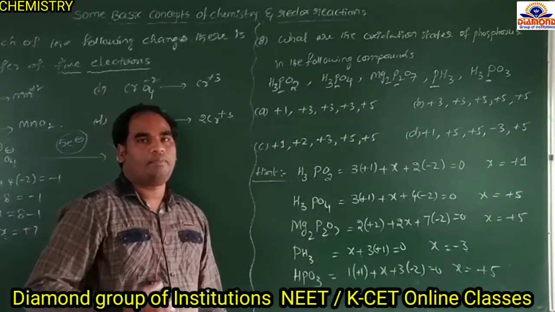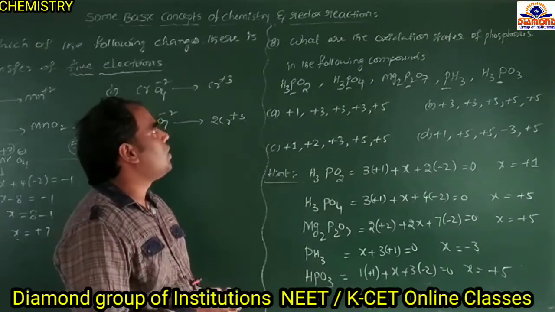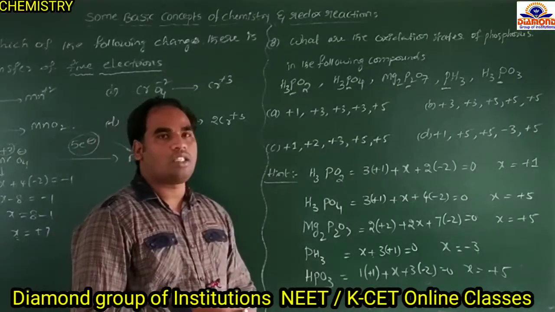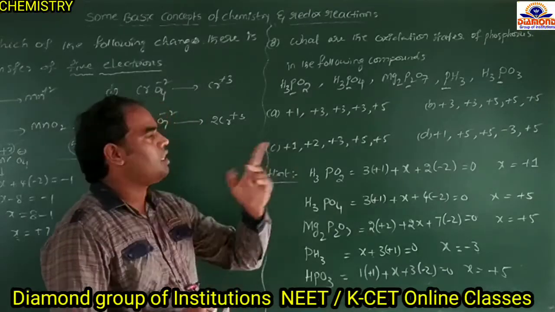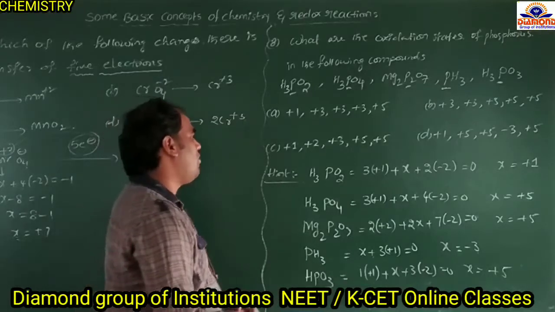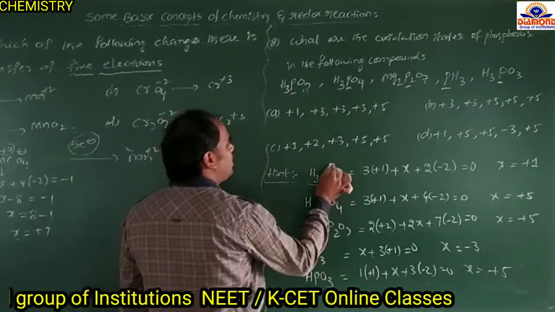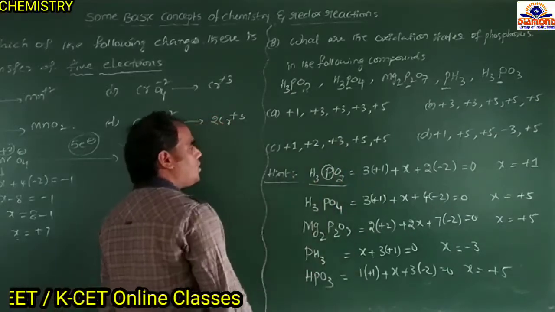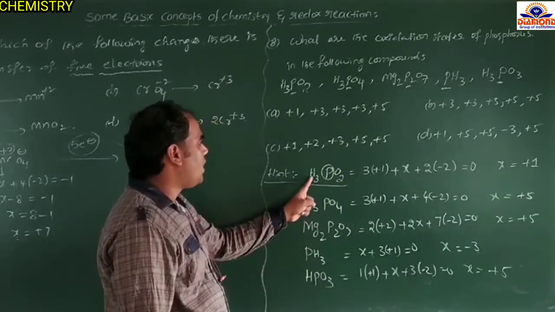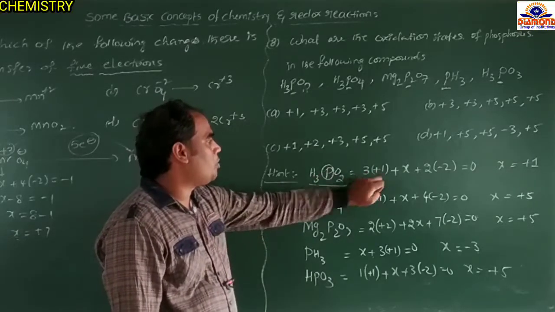This concept belongs to redox reactions. Here we want to find out the oxidation number of phosphorus atoms in all these cases. We have some rules that we already know. First, H3PO2. In this H3PO2 we want to find the phosphorus oxidation number. There are 3 hydrogen atoms, hydrogen's common oxidation number is +1, therefore 3 into +1.